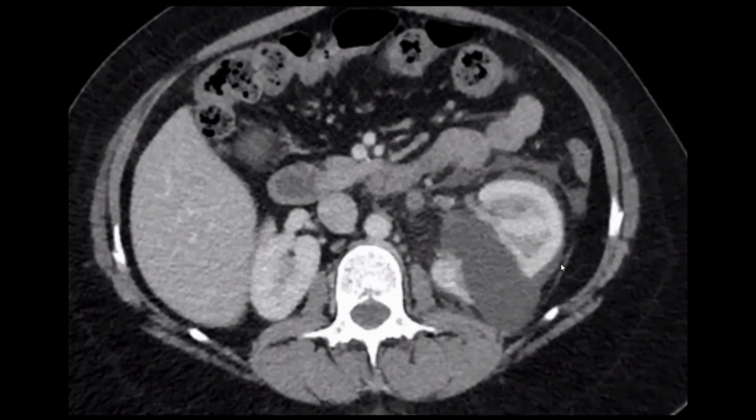We have different causes of vein thrombosis, either bland thrombus or tumoral thrombus. Bland thrombus means a non-enhancing phenotype. If we have malignant thrombus, it will appear as an enhancing phenotype. If we have a renal tumor invading the renal vein, it looks like an enhancing malignant thrombus.